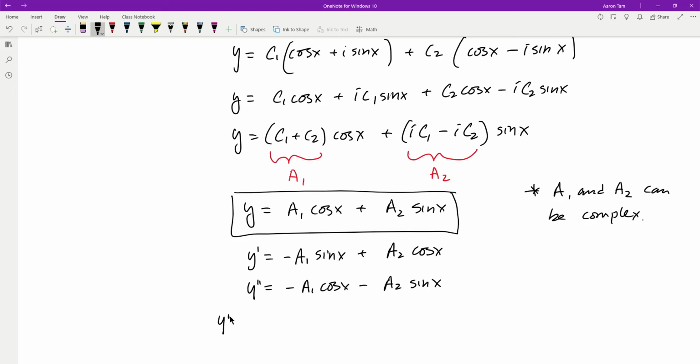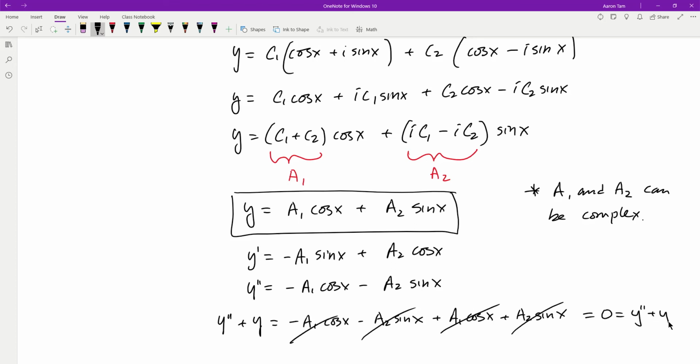Now if I take y double prime plus y, that becomes negative A1 cosine x minus A2 sine x plus y, which is A1 cosine x plus A2 sine x. Notice that these cancel, and therefore give us 0.